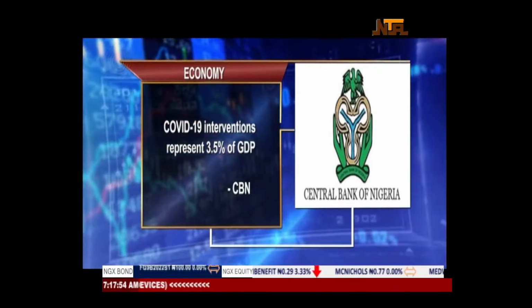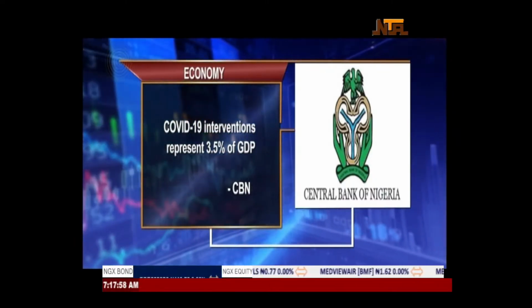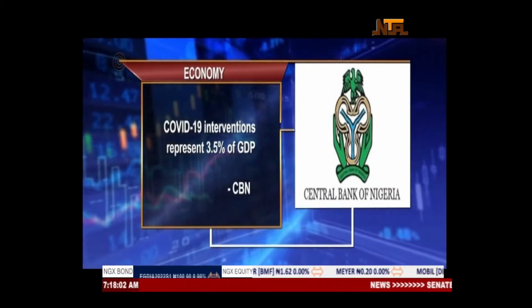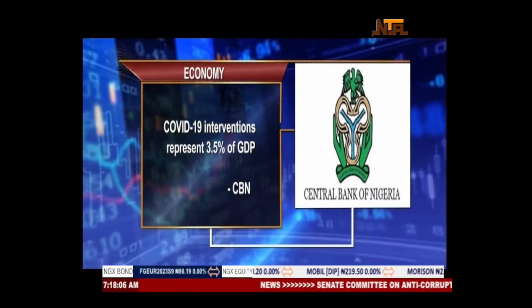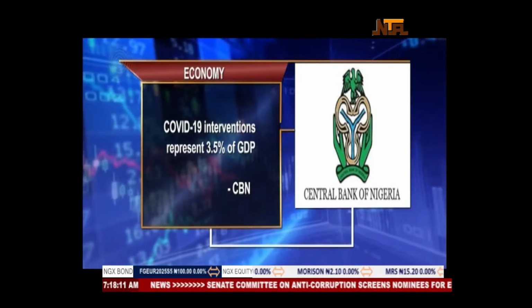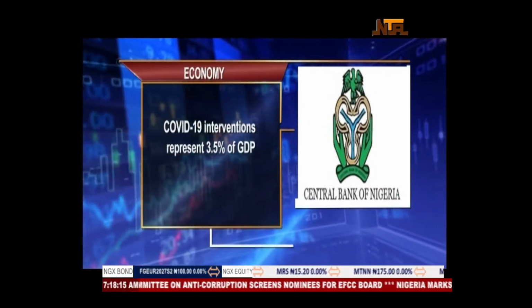He said policy measures were introduced to restore stability in the economy by supporting households that have been severely affected by the pandemic. Also, targeted interventions were introduced to support critical sectors such as agriculture, manufacturing, energy, and health, representing about 3.5% of the gross domestic product.